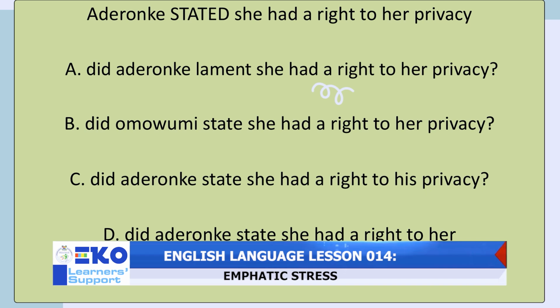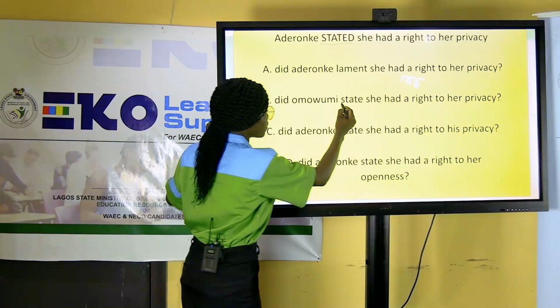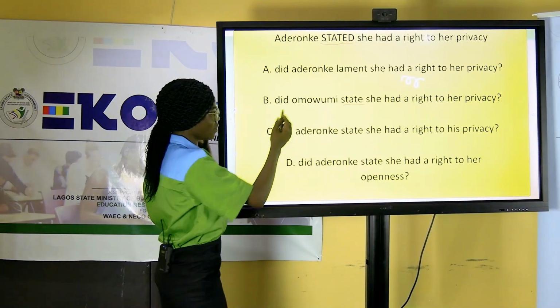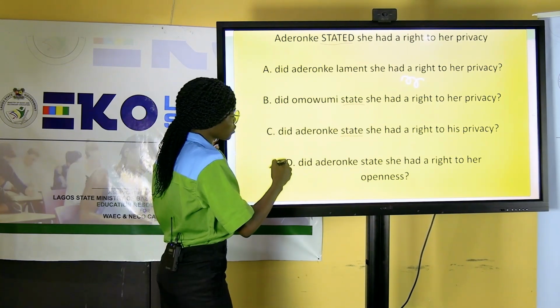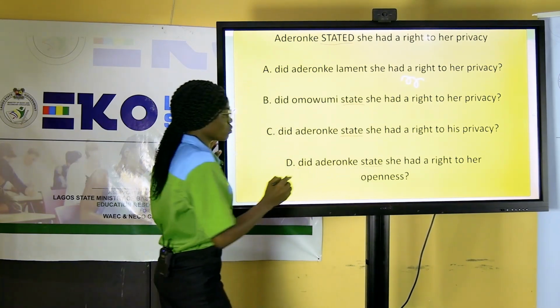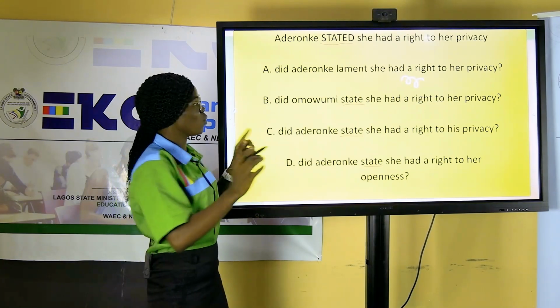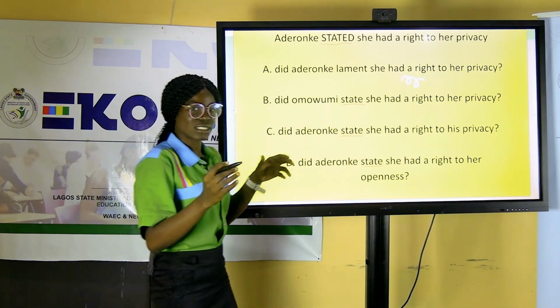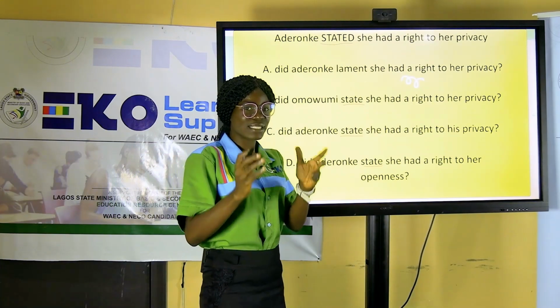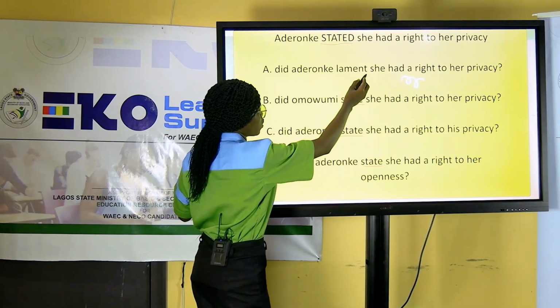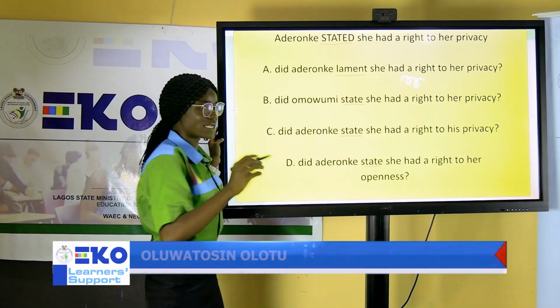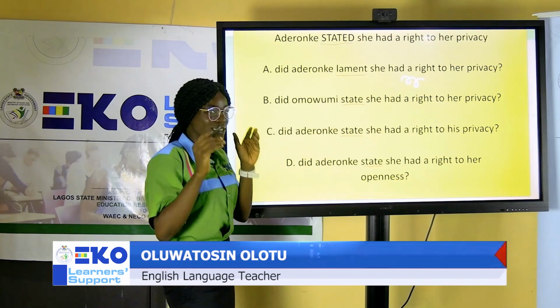If you look at the other options, you discover that state was laid emphasis on in option B, in option C, and the same thing with option D. But the only one that contradicts what the speaker wants us to pay close attention to is the first one, which is lament, and our attention is on stated.